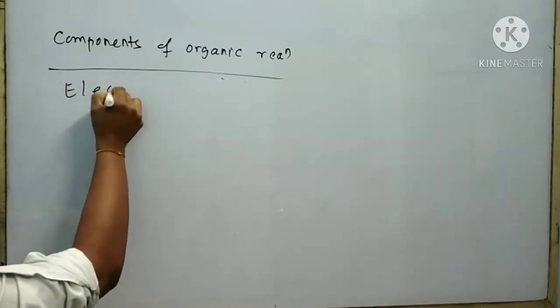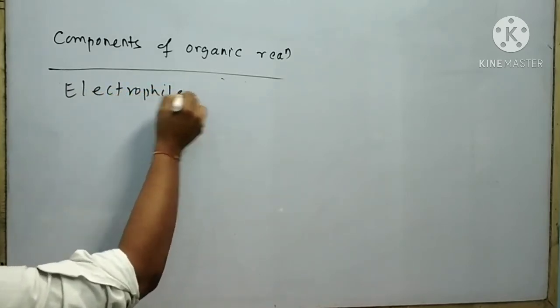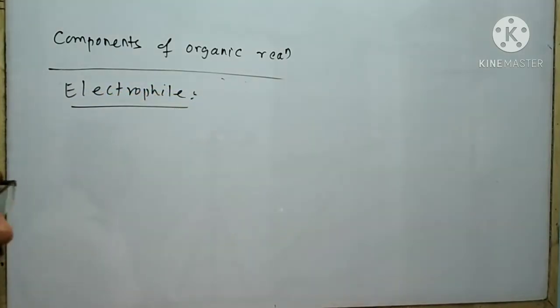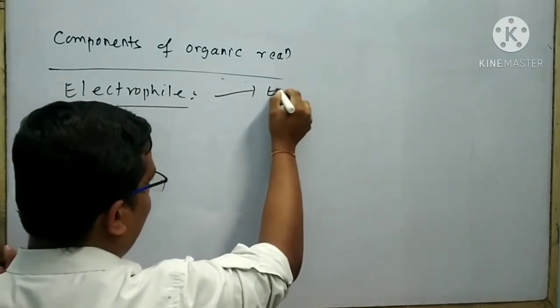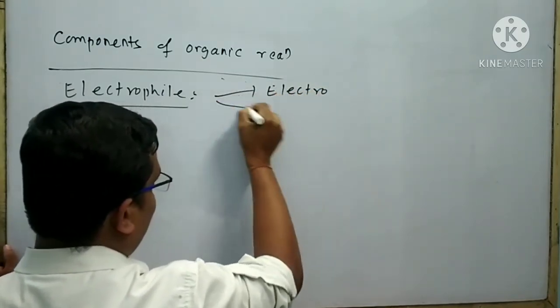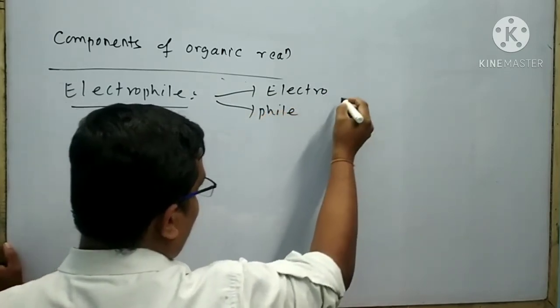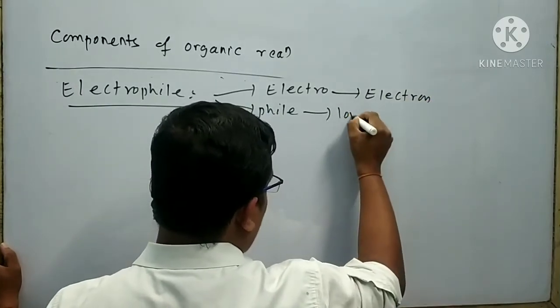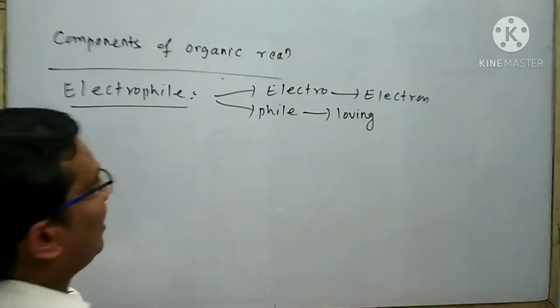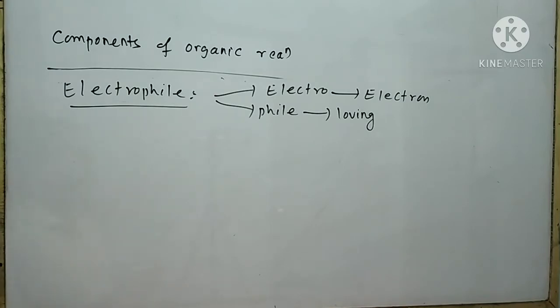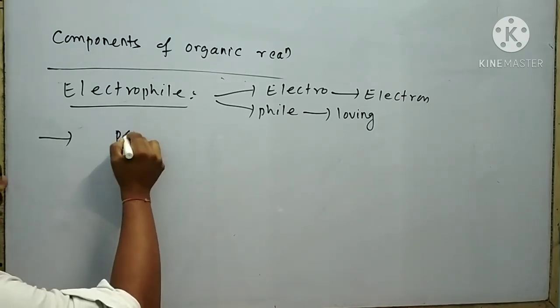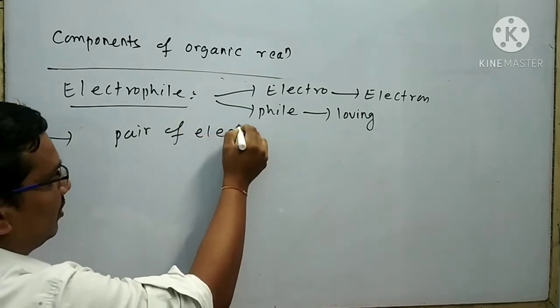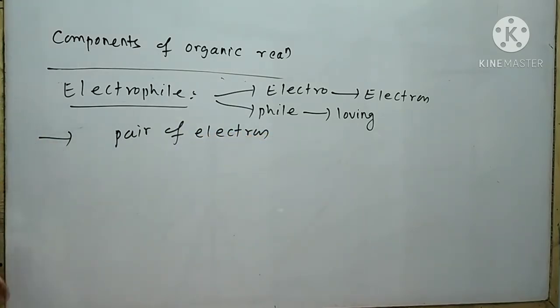Next, I will explain about the electrophile. The word electrophile generally deals with two words. One is electro, another is phile. Electro means electron, phile means loving. That means electrophiles are electron loving. An ion or molecule which can accept a pair of electrons is called an electrophile.